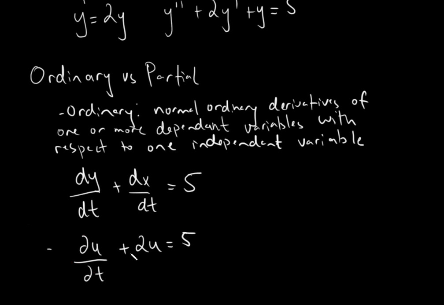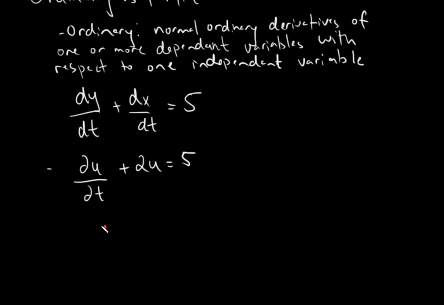So that's a partial differential equation where it has a partial derivative rather than a normal ordinary derivative. Okay, so that's the difference between ordinary and a partial differential equation. More likely than not, you will be dealing with an ordinary case. I'm just telling you that there exist partial differential equations also, where they have the partial derivative rather than a normal ordinary derivative.